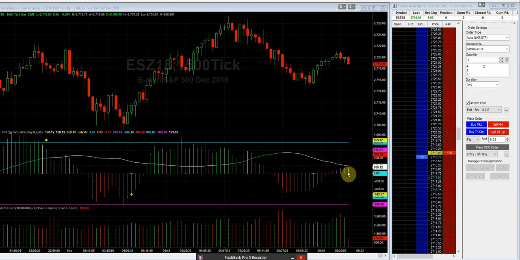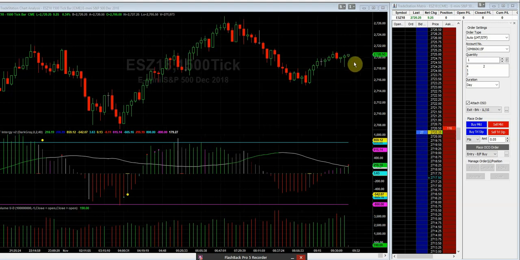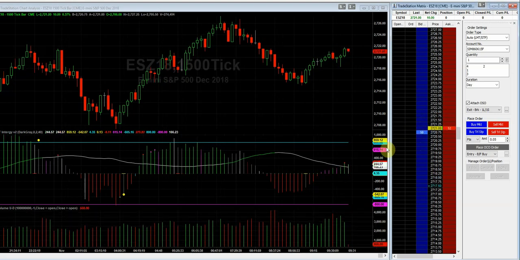Okay, so there's a potential move down. We see this price bar then had a tail to it. The bars are starting to get higher, so let's go ahead and place. Oop, there's a demand or a potential down bar.